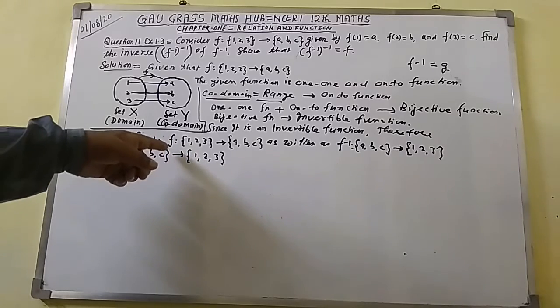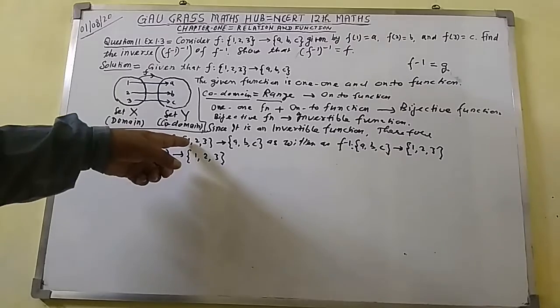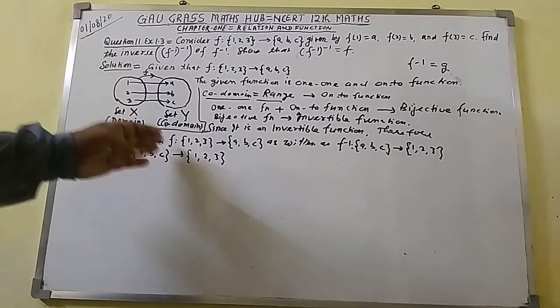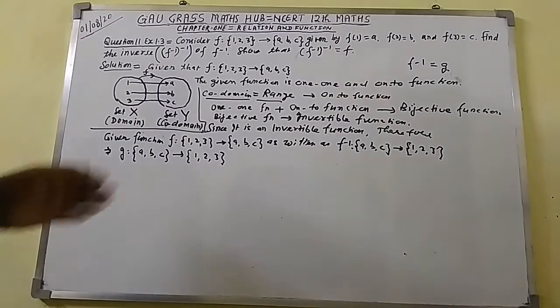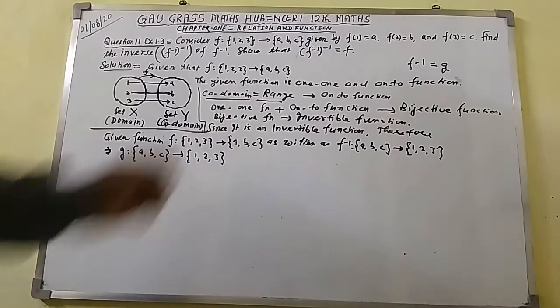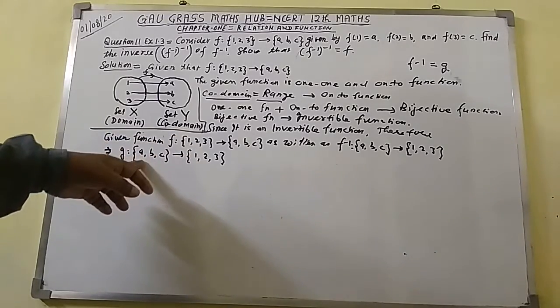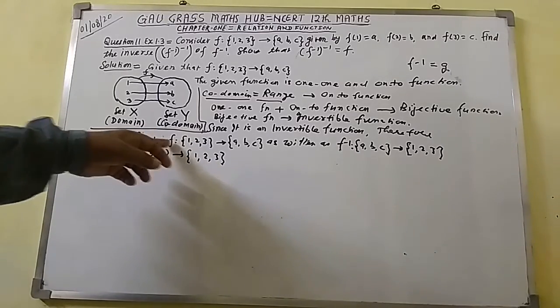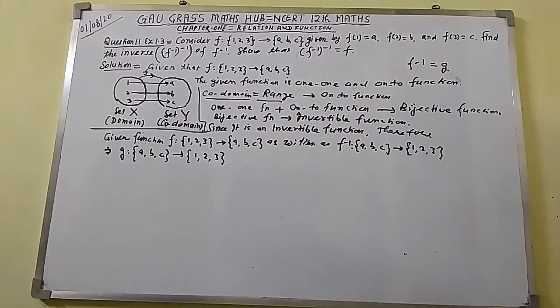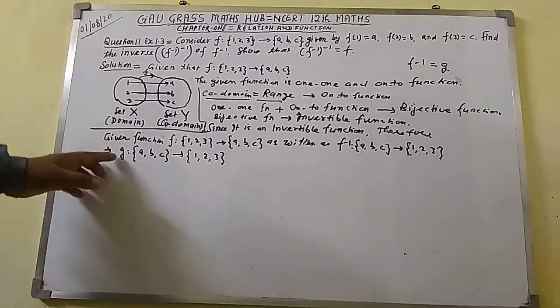So here you can see the inverse of F is G, and in case of an inverse or bijection, 1, 2, 3 and A, B, C will be mutually interchanged. Here I have written A, B, C; this one has been inverted. So if I have F here, I have G here.